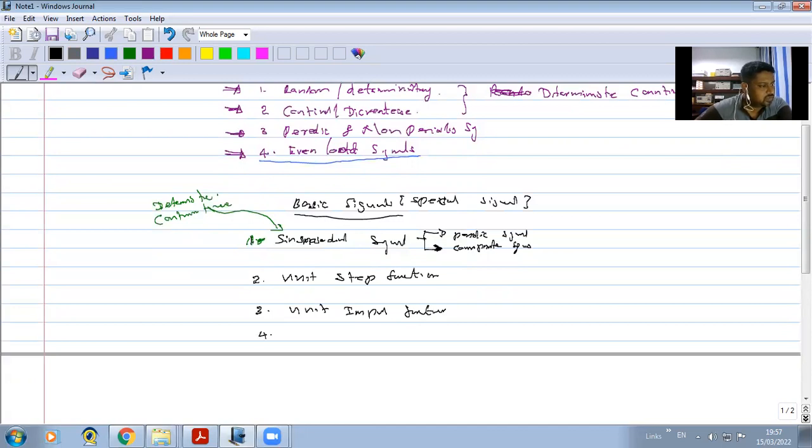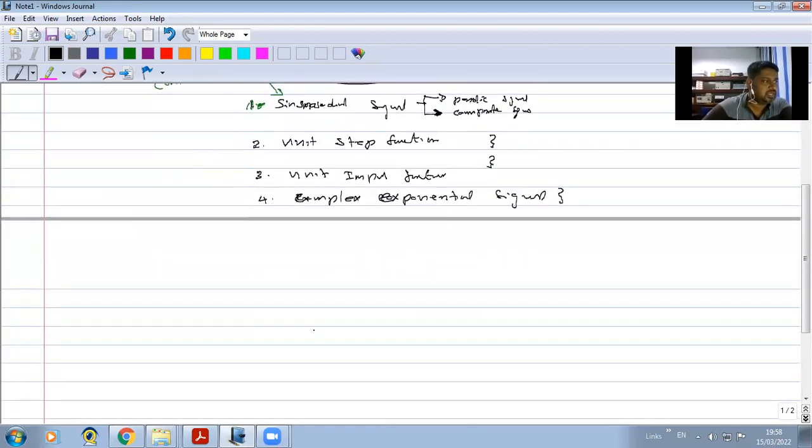The fourth one is the complex exponential signal or function. So we have to learn these three basic signals, and we will quickly see what they are today.